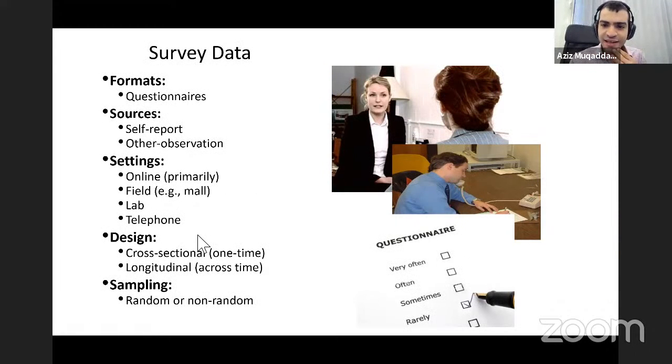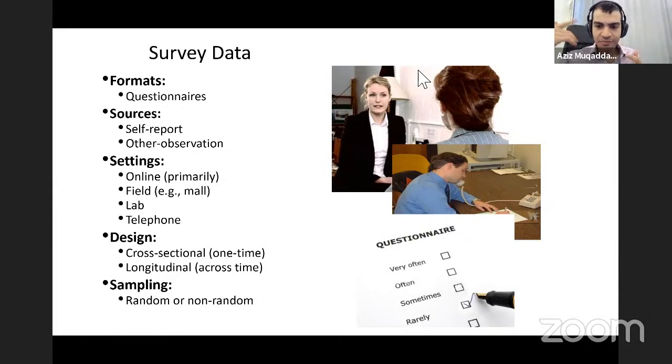And survey data, I think this is pretty simple. The format is a questionnaire, not always though. This is outside the scope of this class, but we also have neurocognitive measures.